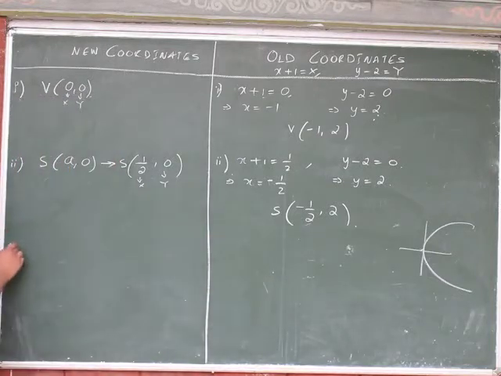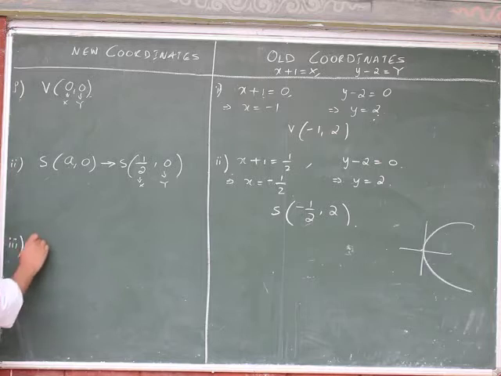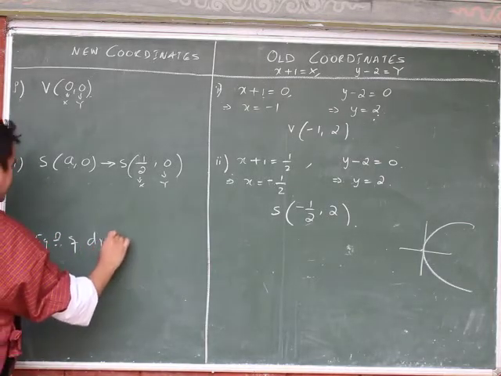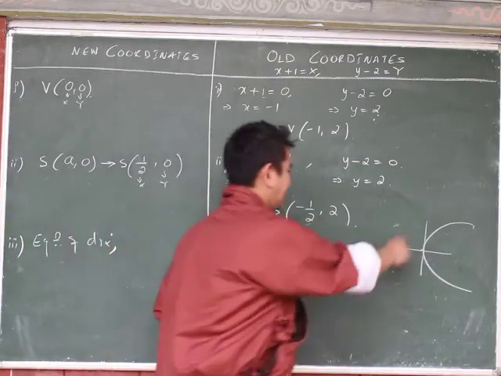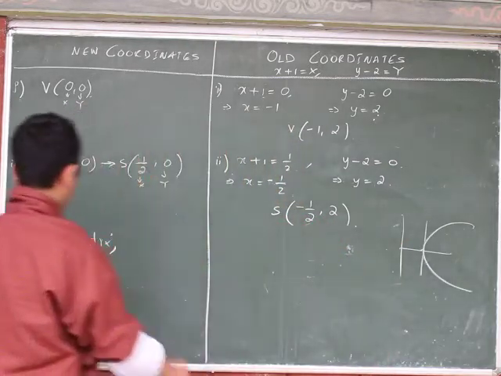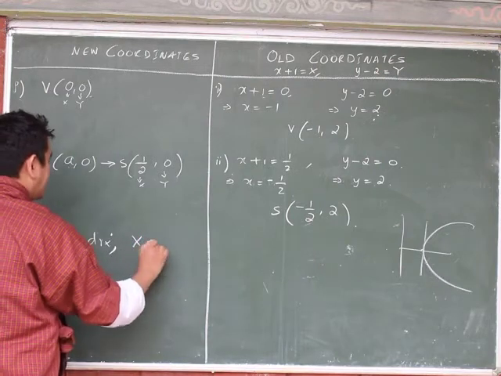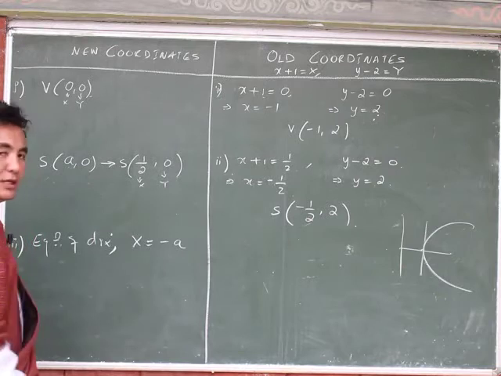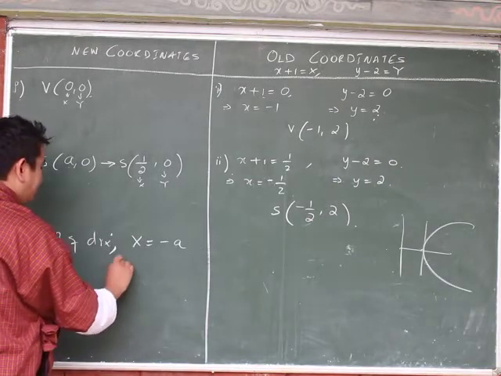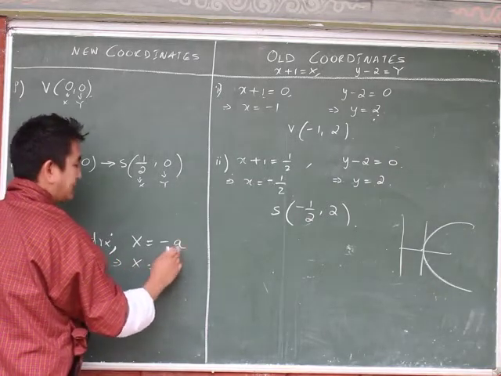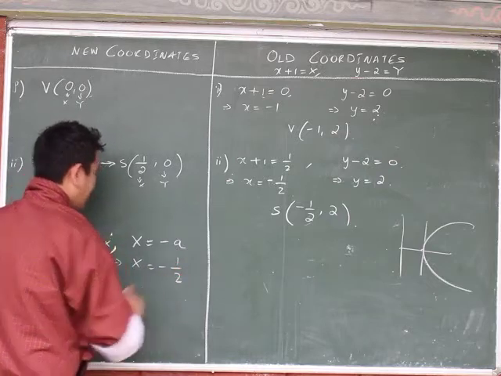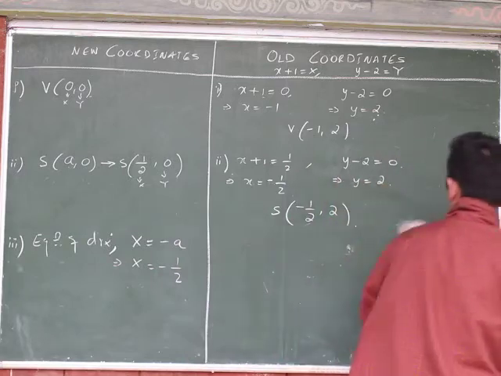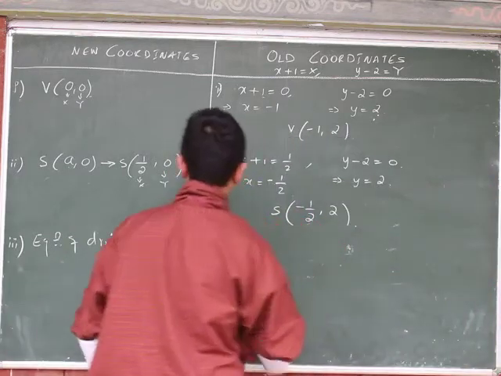Number 3, what do we need? We need the equation of the directrix. What's the equation of the directrix? You know, capital X is equal to negative a. Yes or no? Capital X is equal to negative a, that implies capital X is equal to negative, what's the a value we calculated? 1 by 2. Therefore, now the equation of the directrix here will be number 3.